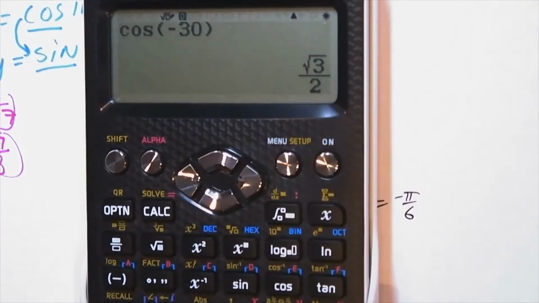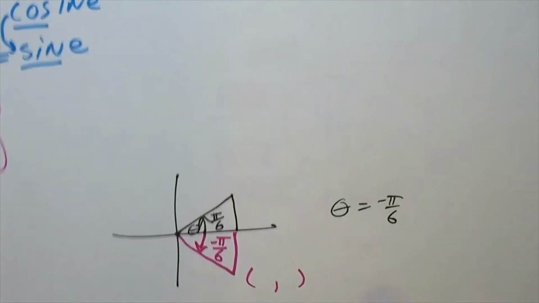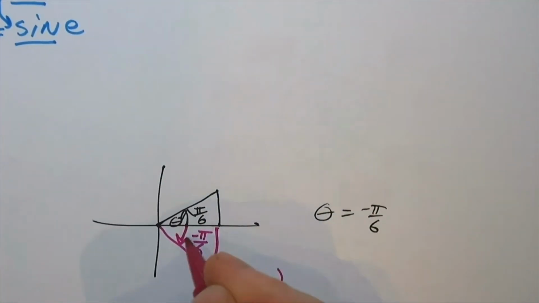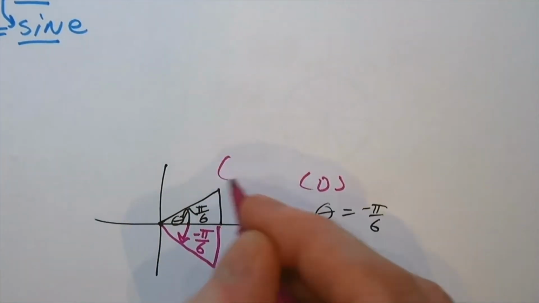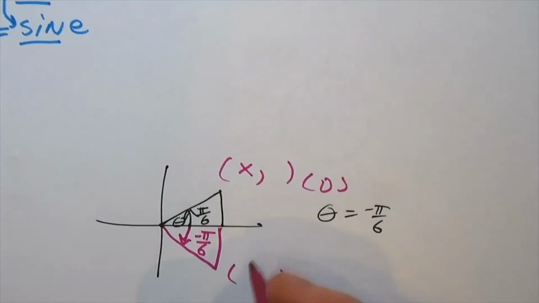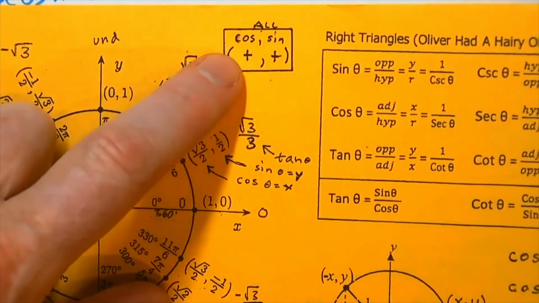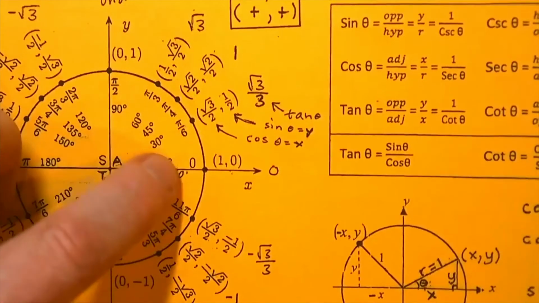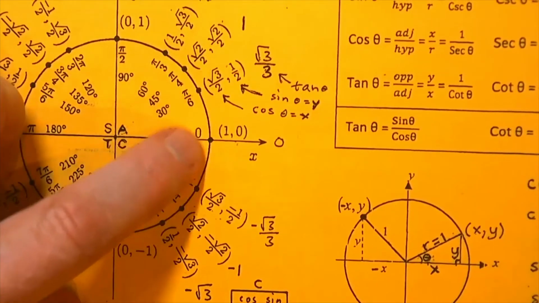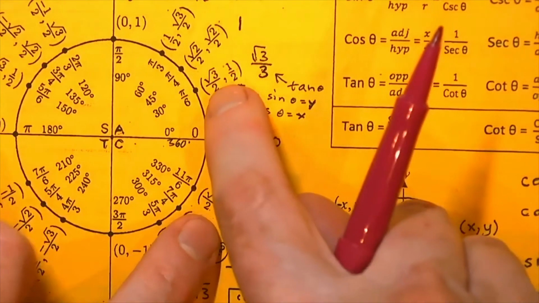Okay, and it's the same answer, actually, because remember, the cosine is the x-coordinate, isn't it? Isn't it exactly the same? In fact, cosine is root 3 over 2 if you went upward. But if you went downward, you notice it's the same answer.